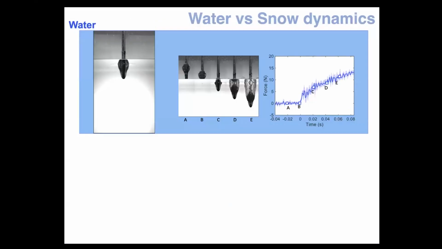And what we did, we dropped that into water and measured the force. You can see the force is 0 before the impact. At the moment of impact, the force starts to increase significantly. And once they submerge, it keeps increasing because of the hydrostatic force.